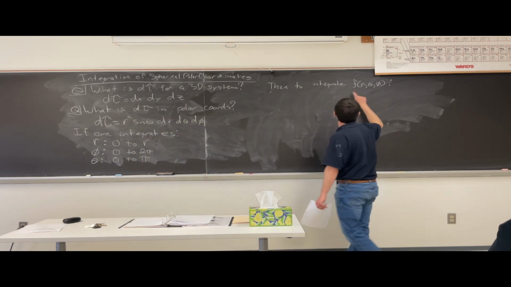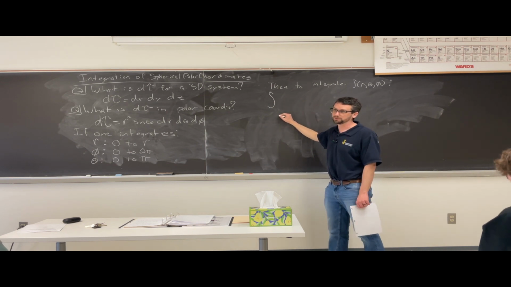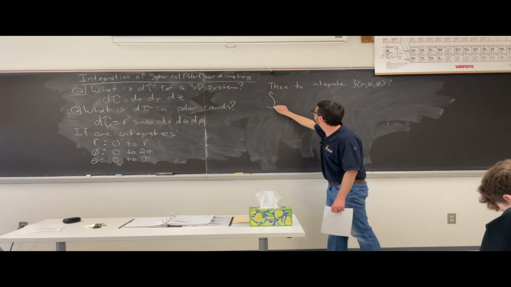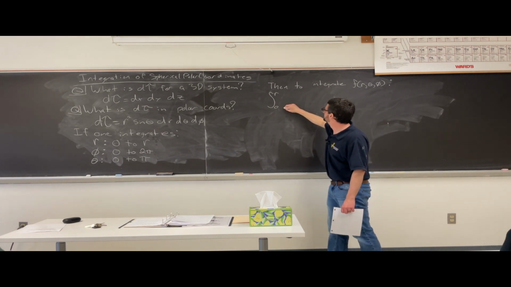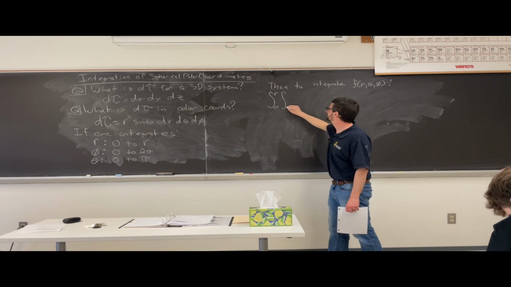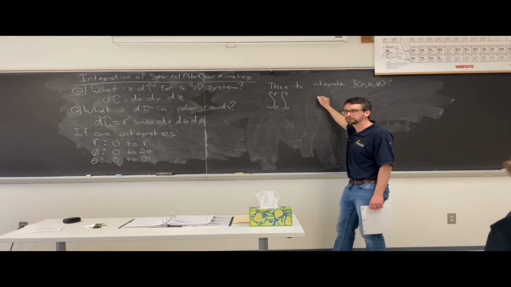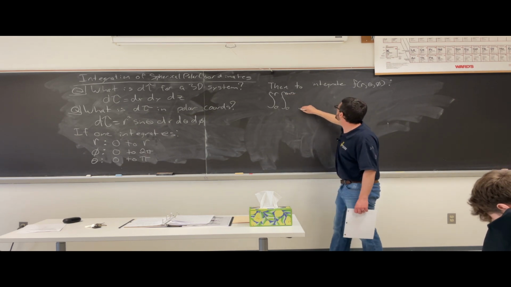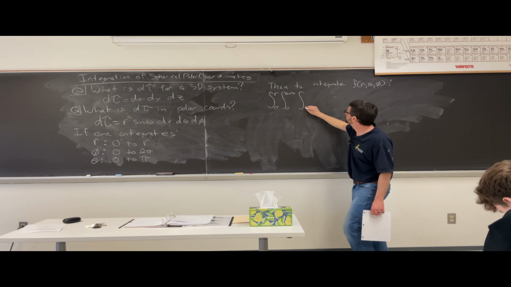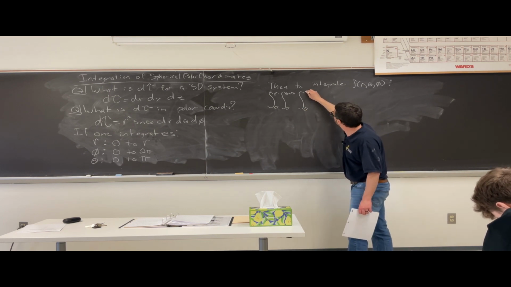Yep, 3 variables, 3 integral signs. First one, what are we going to do? Yep. Second one. Yep. And what's that for? Yep. Last one. 0 to what? And what's that one for? Yep.